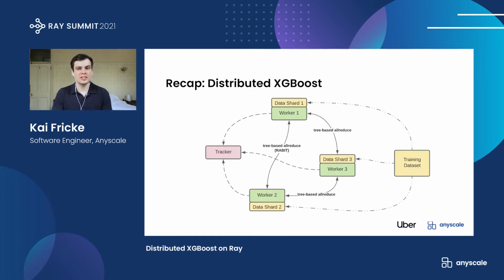Distributed XGBoost takes a data parallel approach. This means that each worker shares the same model but trains on a different part of the dataset. The yellow boxes in the figure represent the dataset and its partitions. Workers are represented by the green boxes. Each worker independently trains a full model using its available data.